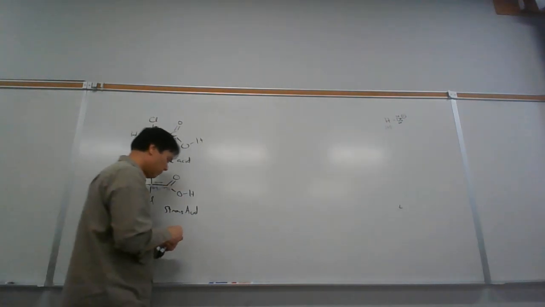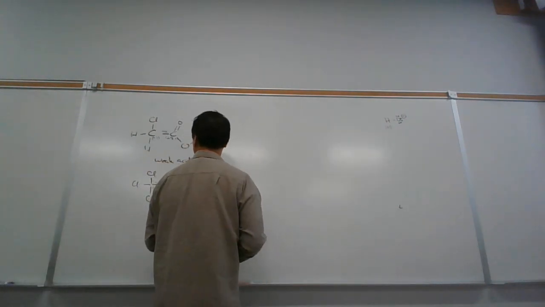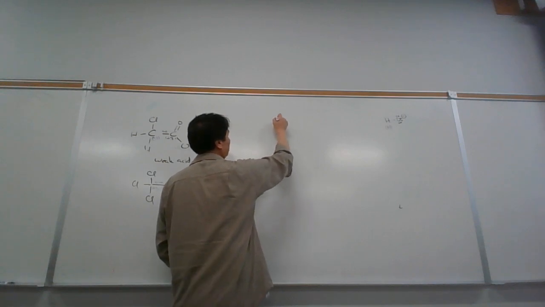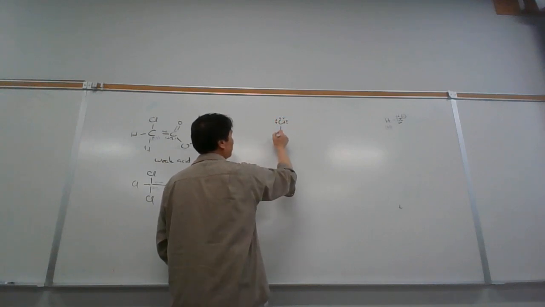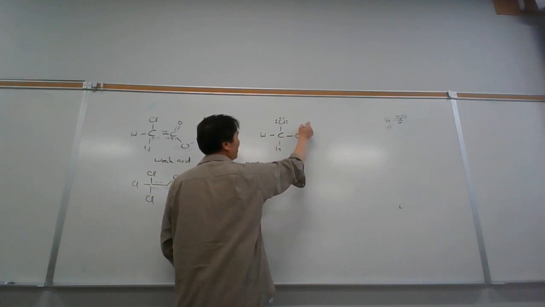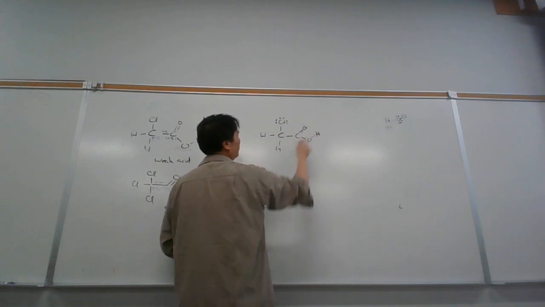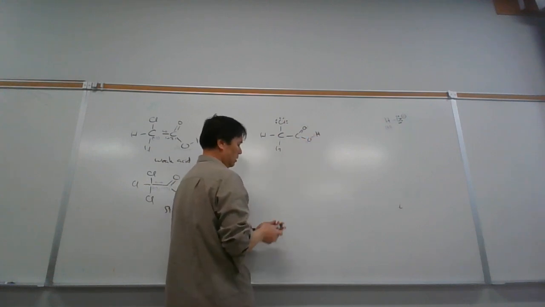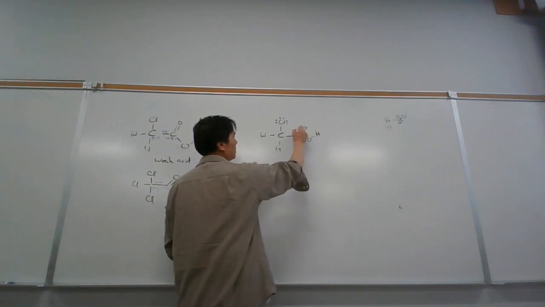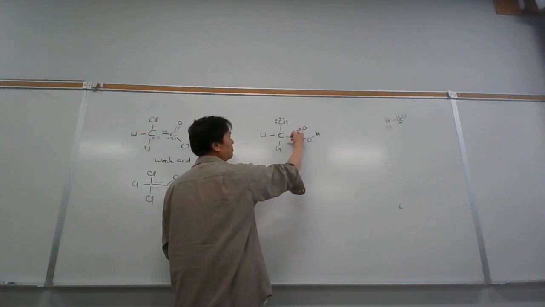However, what we typically do is we typically use the arrows. Using the arrows, we just go in line with this. So we have this oxygen here, that's a terminal oxygen pulling electron density.